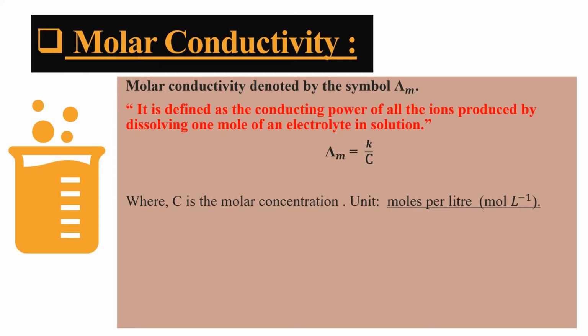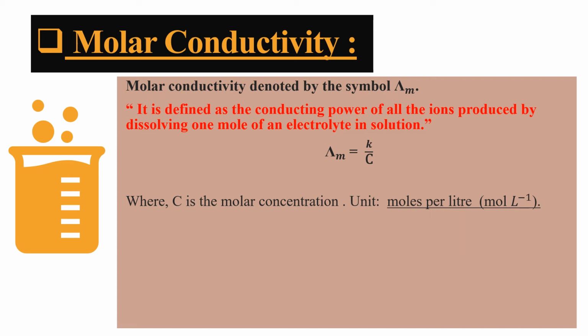One more term is there, that is molar conductivity. As we have discussed, conductivity is the conducting power of the ions of an electrolyte. Similarly, we will discuss here molar conductivity.